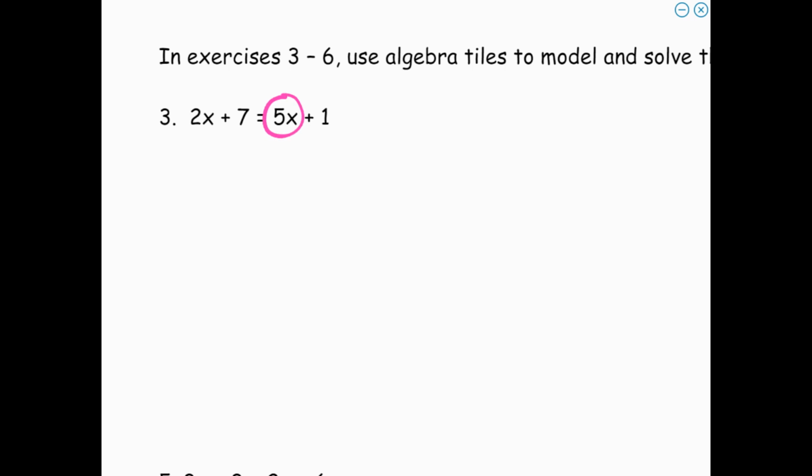So I need to take away or cancel out the x's on the other side. I always want to cancel the smaller side out if they're the same sign. So that gave me a zero pair here. So that's 3. So that canceled.